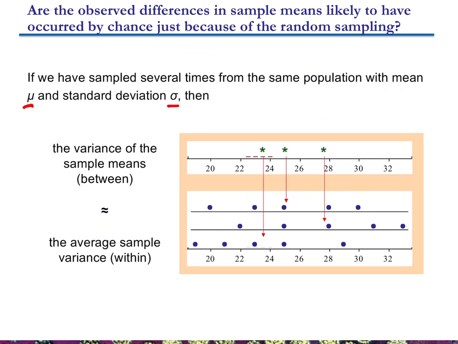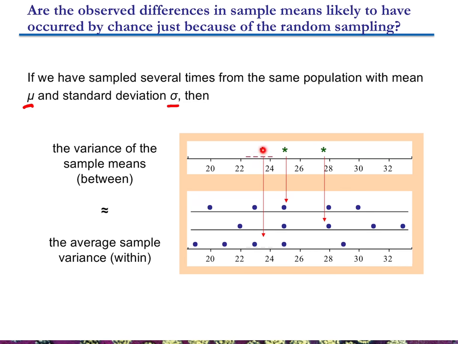Let's say we have 3 different samples from that population, and those sample means are indicated here by these green asterisks. We have some x-axis of whatever we're measuring. The first sample falls at about 23.5, let's say. The next one about 25, and the third one about 27.5. These are the means of our 3 samples.